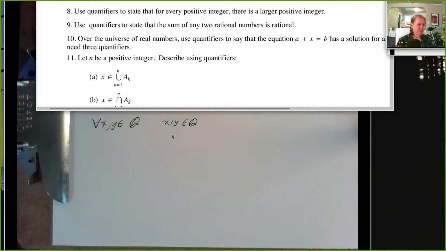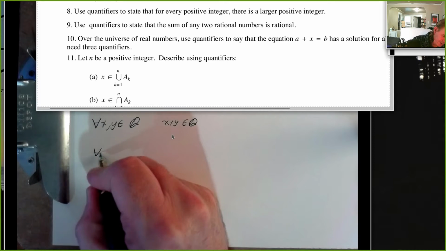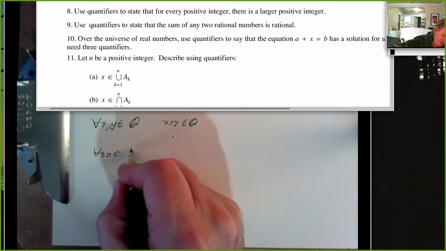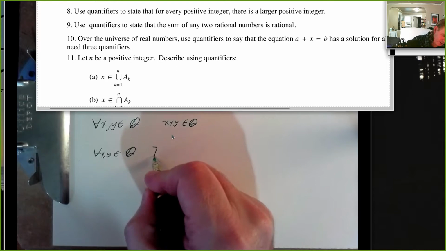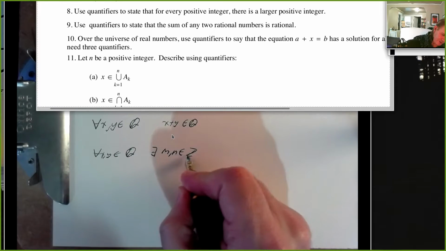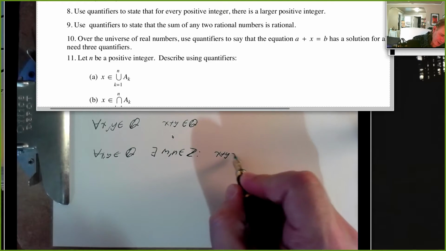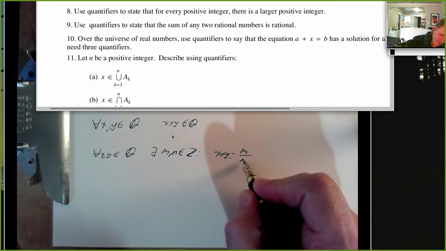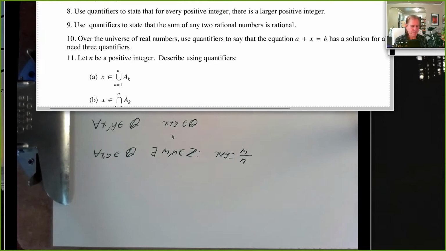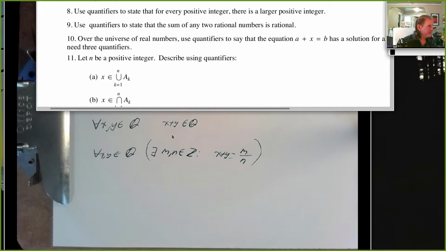If we wanted to state this in a more complex form: for all x, y contained in the set of rationals, there exist m, n contained in the set of integers such that x plus y equals m divided by n. So there's a nested quantifier approach.